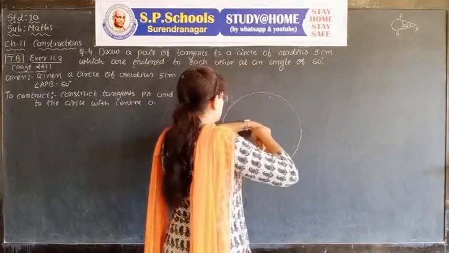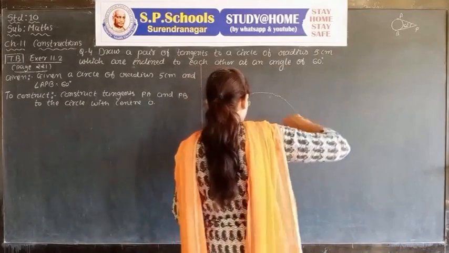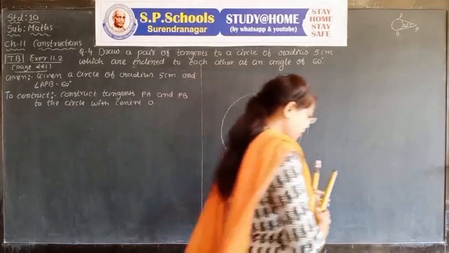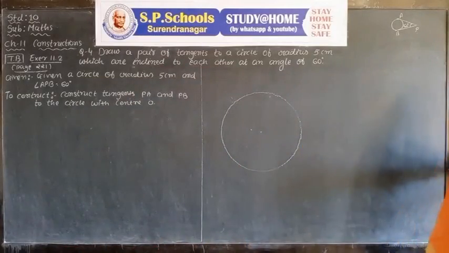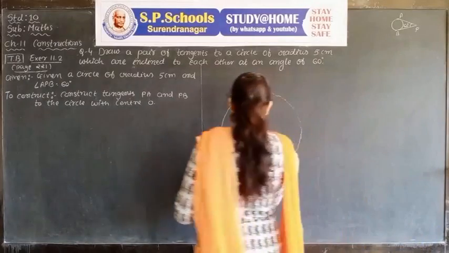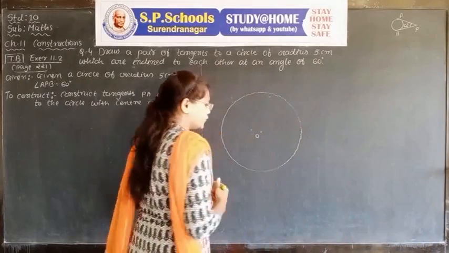A circle of radius 4 cm is here. The center of the circle is O.